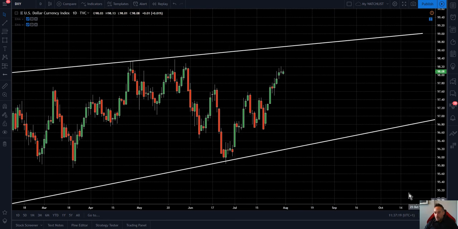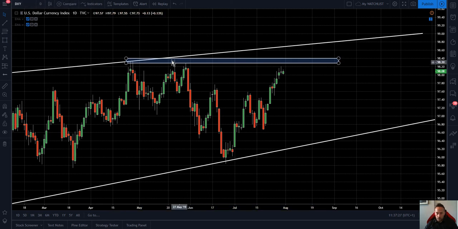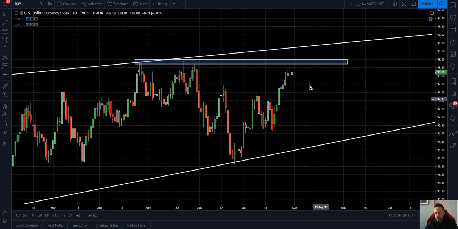And you'll notice an interesting area actually around here, where more recently when price has reached this point, around about 98.3, just short of 98.4, we'll call it 98.3, sellers come in and they come in quite aggressively. So this is a very interesting point at the moment.